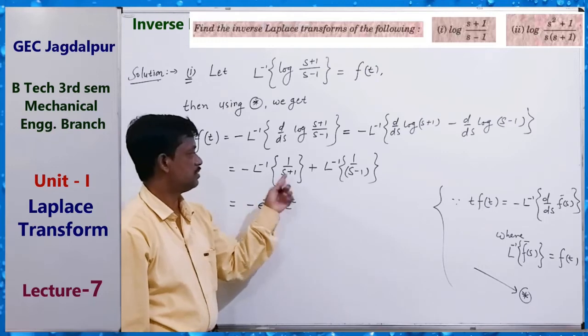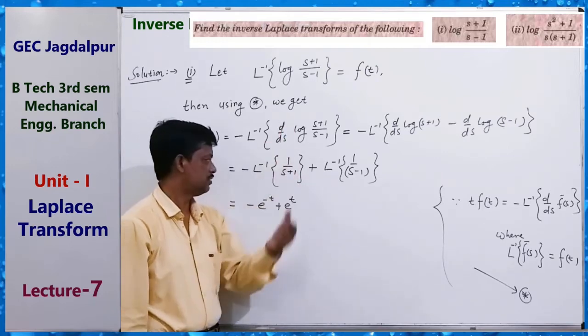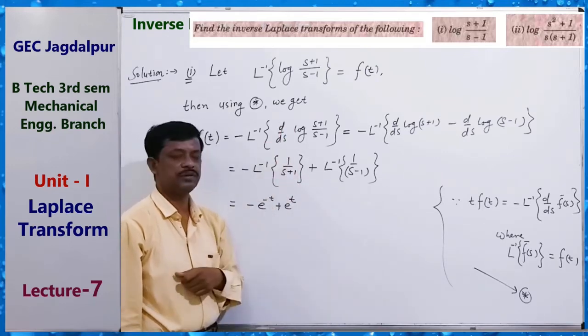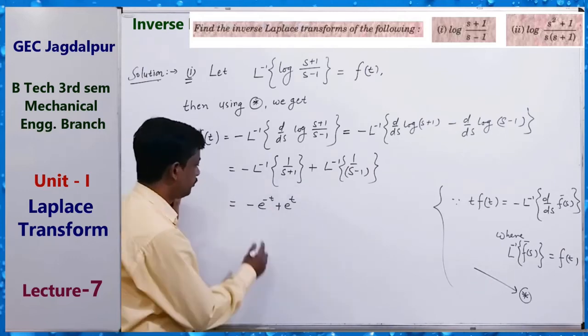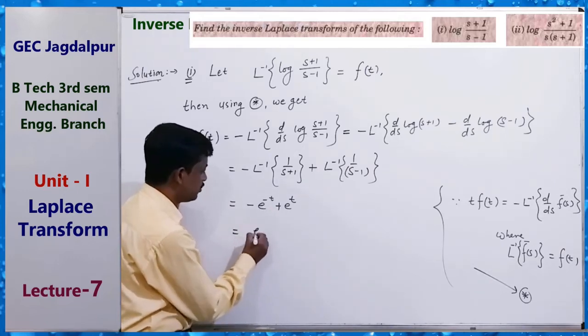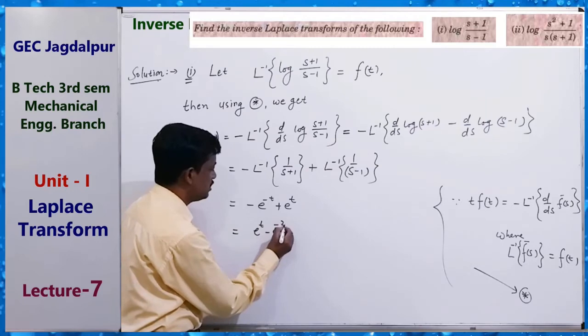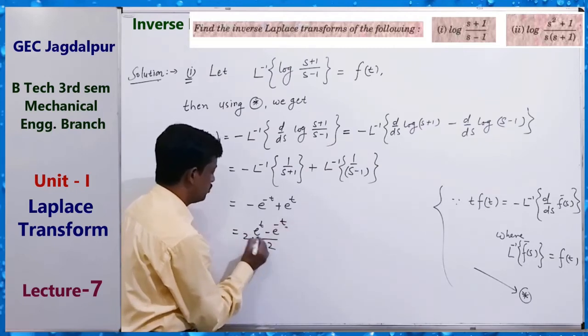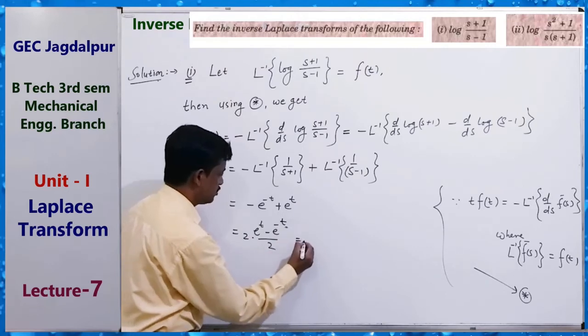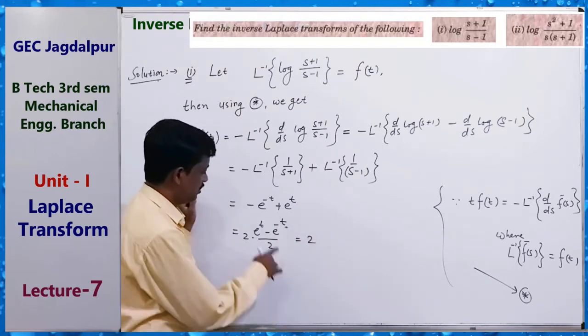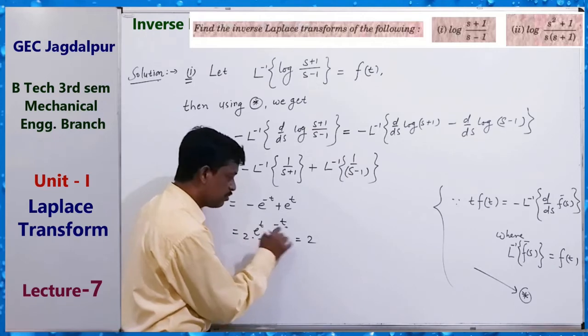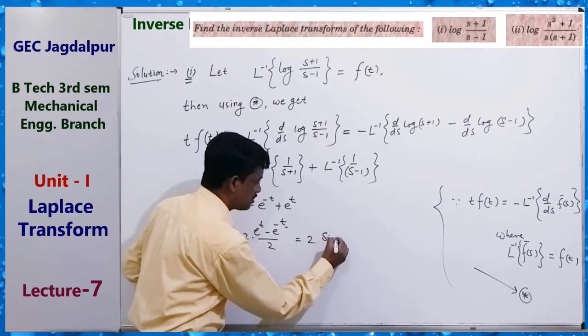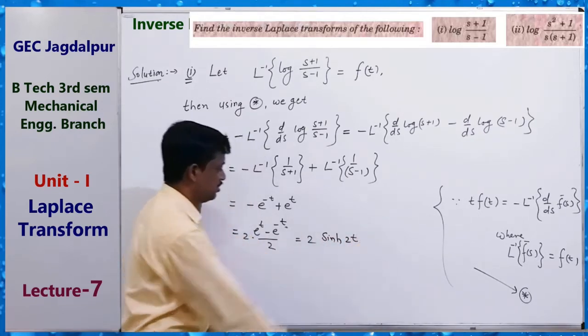By using the inverse Laplace transform of basic functions, e to the power minus t. So this can be written as e to the power t minus e to the power minus t, divided by 2, here 2. That is hyperbolic sine 2t.